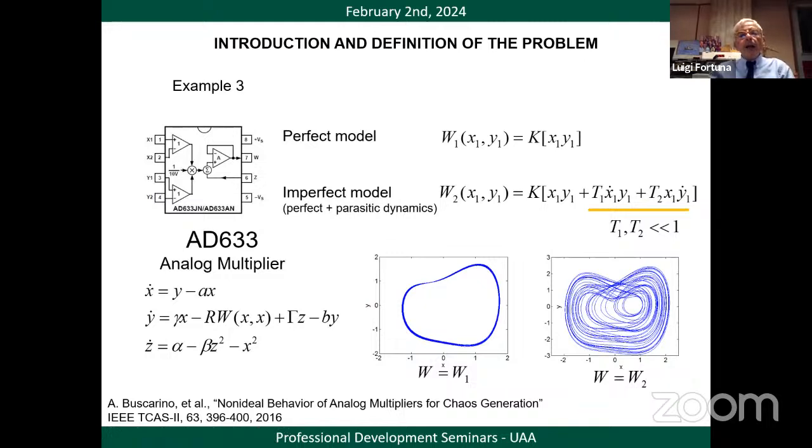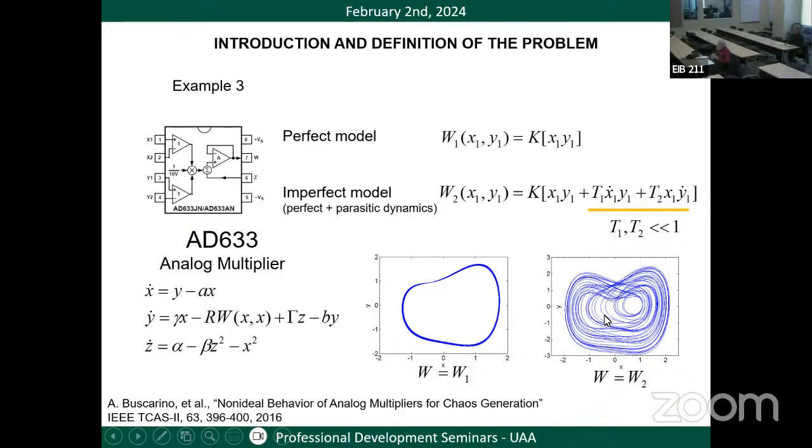We used this multiplier to make some circuits, and we discovered that what we wanted to get, which was this oscillator, is not derived, but we derived a chaotic attractor, a chaotic circuit with added values.